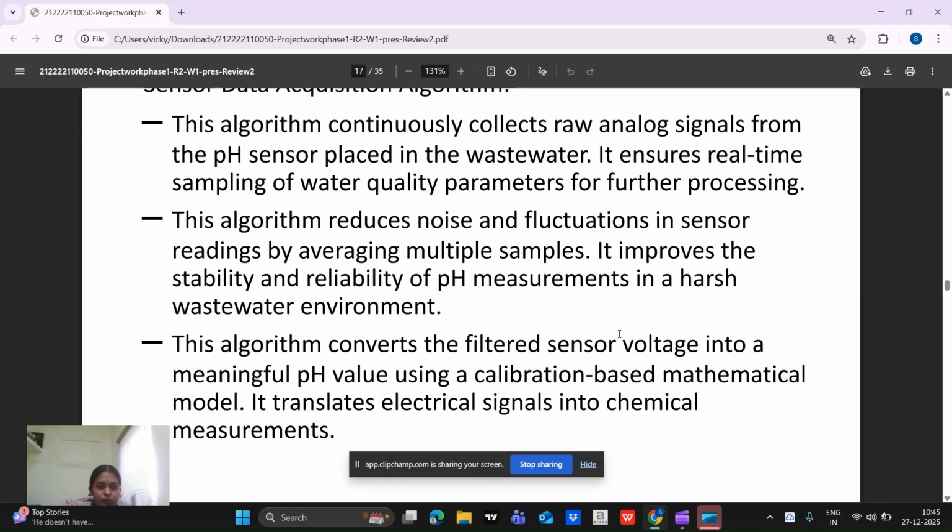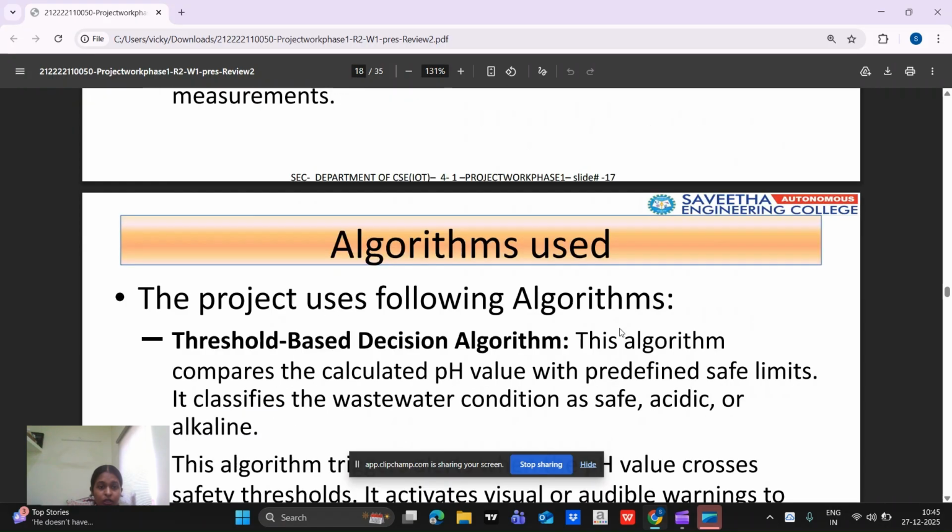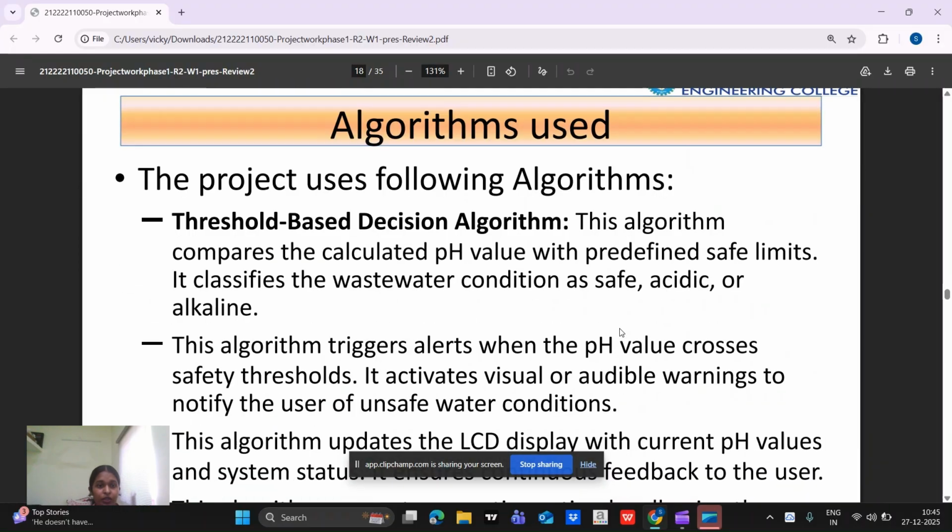It improves the stability and reliability of pH measurements in a harsh wastewater environment. Another algorithm converts the filtered sensor voltage into a meaningful pH value using a calibration-based mathematical model. It translates electrical signals into chemical measurements. Another algorithm is the threshold-based decision algorithm. This algorithm is used when the pH value exceeds the range.